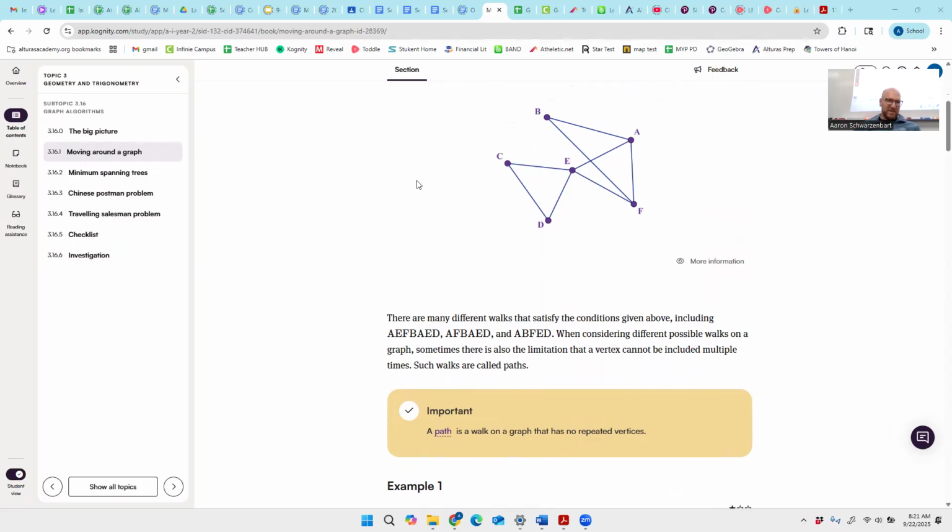So if I'm looking at these three, which ones are paths? The last one is A, F, B, A. No, the second one repeats A. The first one repeats A and E. So just the last one is a path.